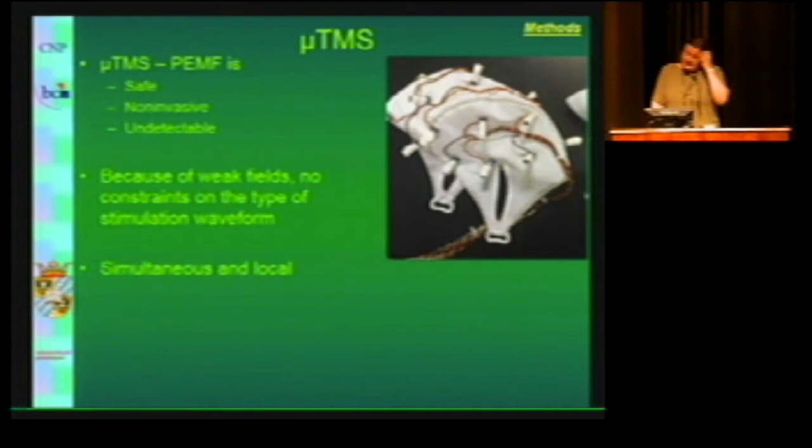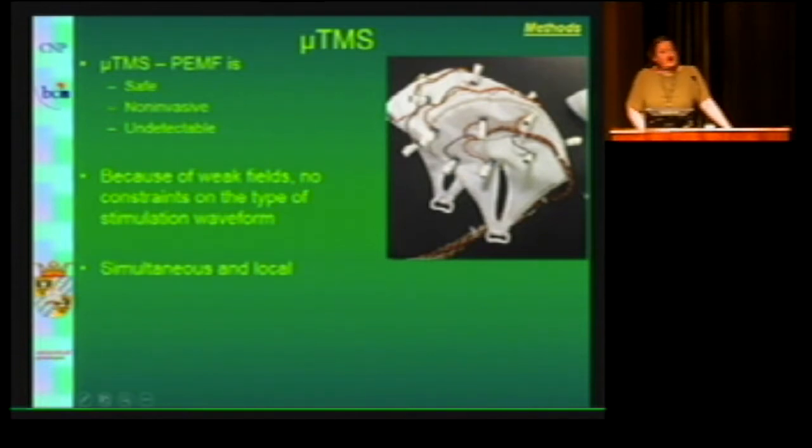Because the fields are very weak, we can also produce any kind of waveform to stimulate as fast as we want. We have a limitation of 1 kilohertz, but we can produce any modulation of any kind of signal that we would like to apply to the head transcranially, and you can use as many of these magnets as you would like.